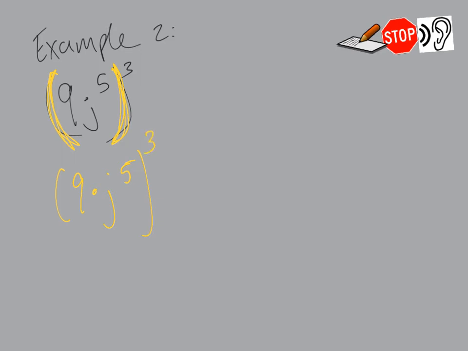That means I'm taking everything in there to the third power. So now I'm taking 9 to the third power and j to the 5th to the third power. So 9 to the third power would be 9 times 9 times 9. j to the 5th to the third power would be j to the 5th times j to the 5th times j to the 5th. And if you could put this expanded form down in your notes, this would be super helpful for example number 2.